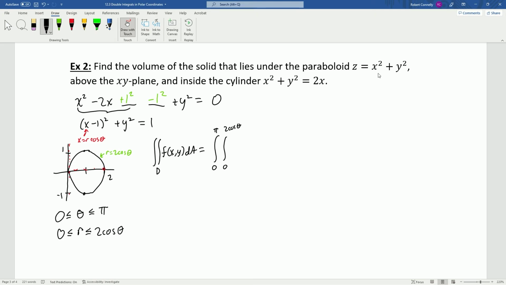And we're going to replace x and y in our function with r times cosine of theta and r times sine of theta. Right? This is x squared, so r cosine of theta squared becomes r squared cosine squared of theta, plus r squared sine squared of theta, times r dr d theta.